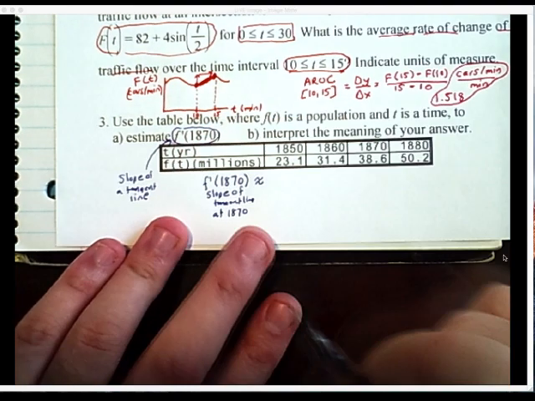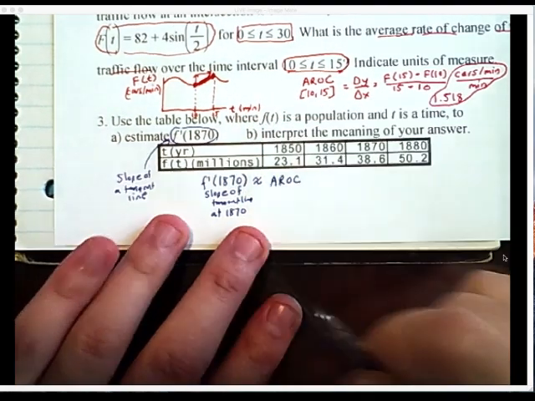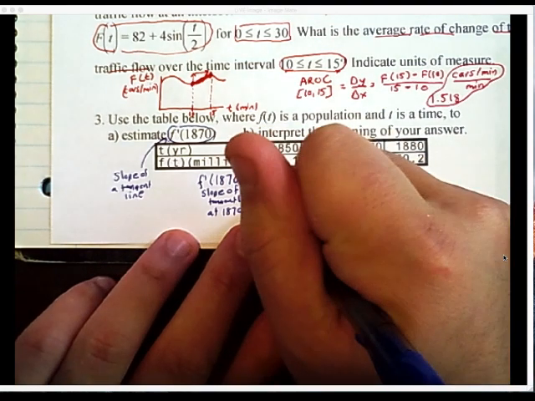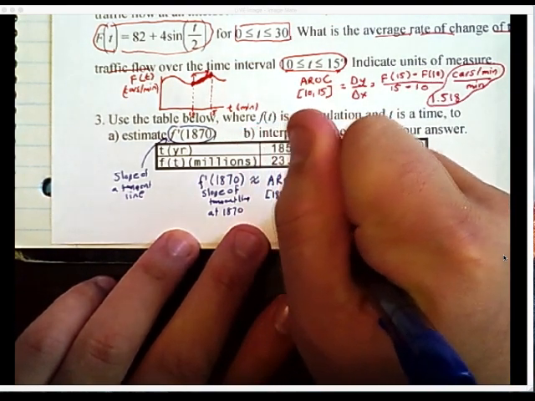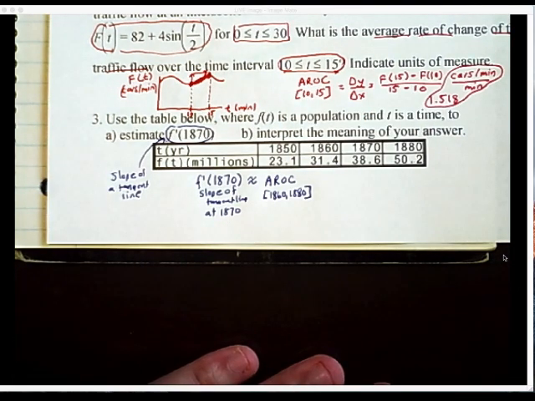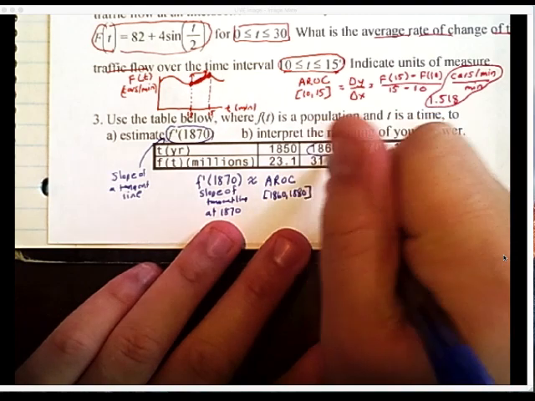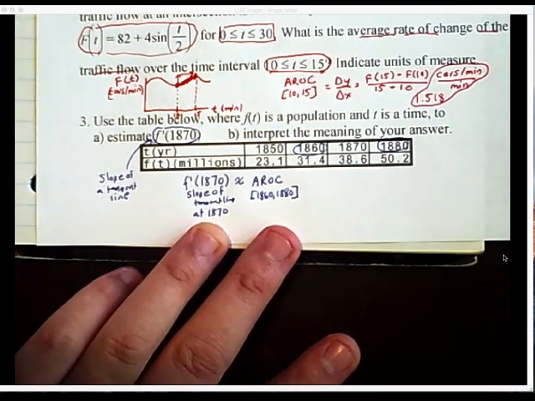It's approximately going to be equal to the average rate of change between 1860 and 1880. Now, why did I choose 1860 and 1880? Because those are the two closest numbers to 1870.